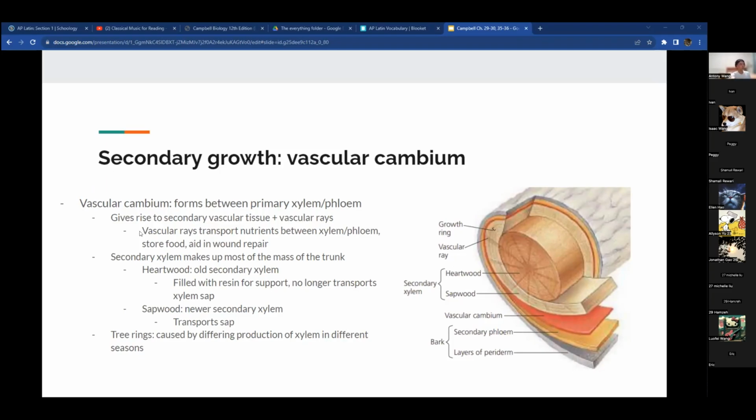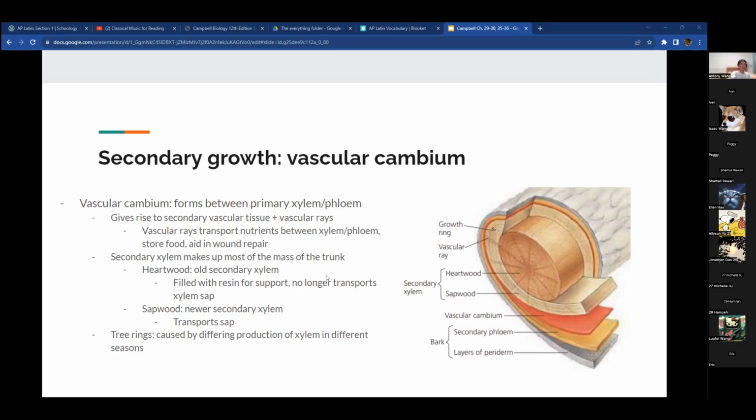The vascular cambium will arise between the two, and it'll start producing new xylem and new phloem. The phloem will be on the outside, xylem will be on the inside, and the vascular cambium also gives rise to vascular rays, which transport nutrients between the xylem and phloem. What you should know is that the secondary xylem, the xylem that is produced by secondary growth, makes up most of the mass of the trunk.